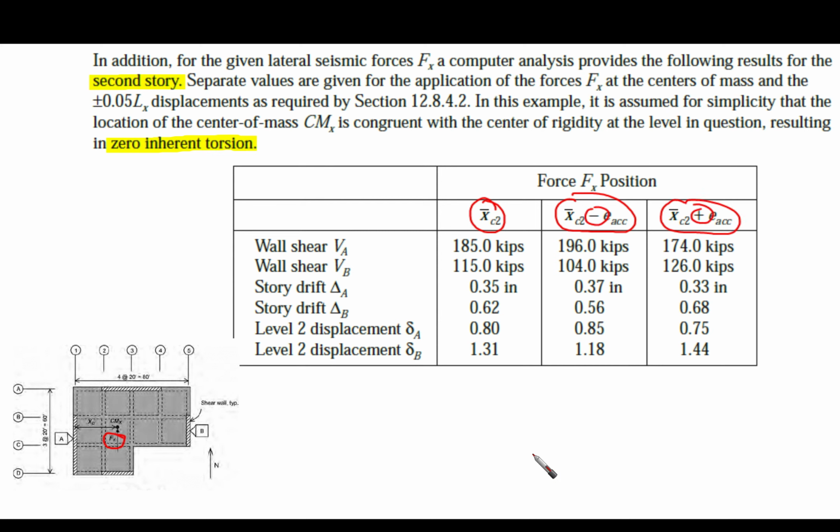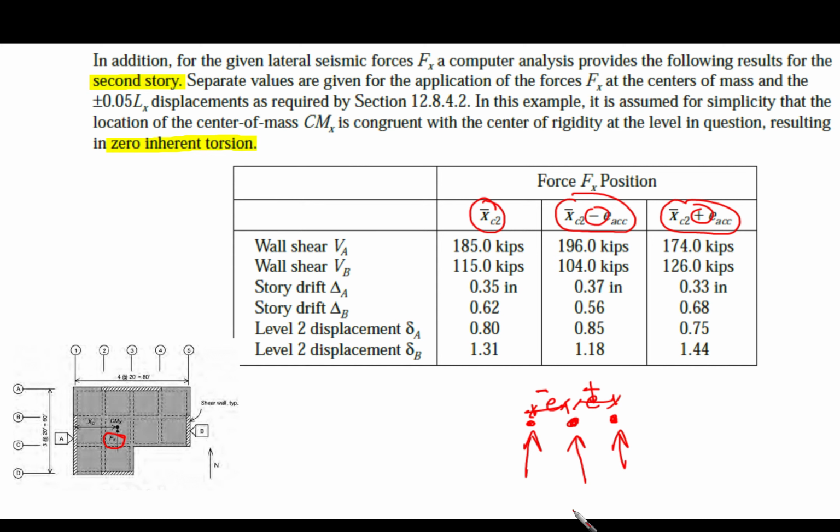So we are talking about 3 cases. The first is the center of mass where no accidental torsion or eccentricity is applied. Then we apply the force at another point, plus eccentricity, and another point, minus eccentricity. This is E, and this is another E. This is positive and this is negative.